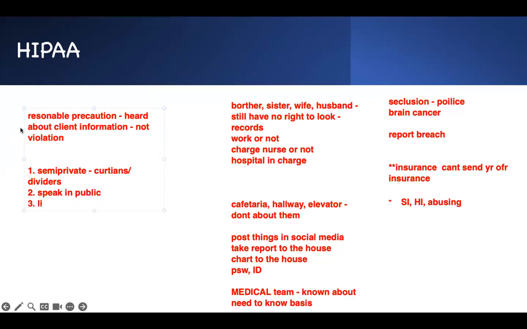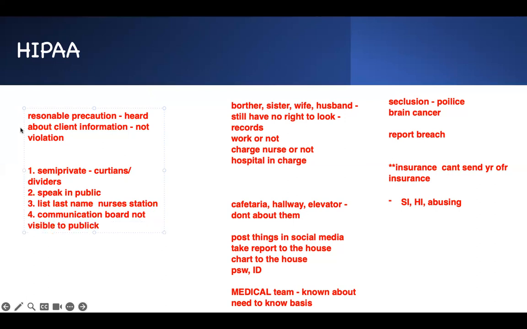Third one, you can just list the client's last name. It's okay. Listing their last name on the whiteboard at the nurses' station is allowed. You've taken some precaution. If you want to place a communication information board, put it in a place that is not visible to the public.